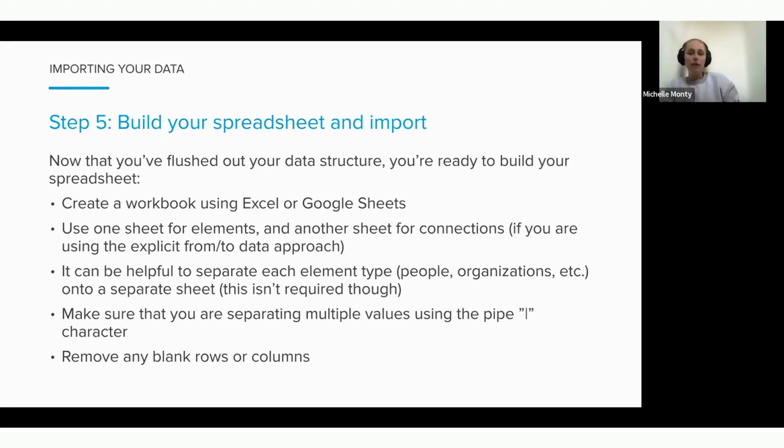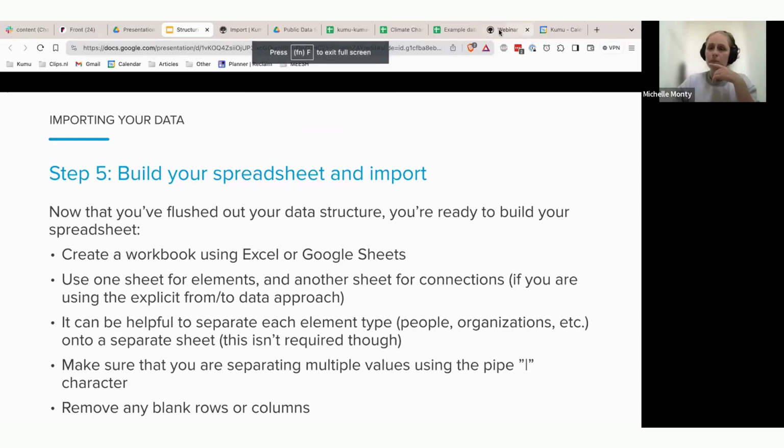So once you have your data structure, you build out the rest of your spreadsheet. There's two ways to do this, because some people find it easier to just get started in your spreadsheet. So they open their Excel or the Google Sheet and they start filling out information. Other people process information a little bit differently, and they find it easier to start visually and then export your data into an Excel sheet.